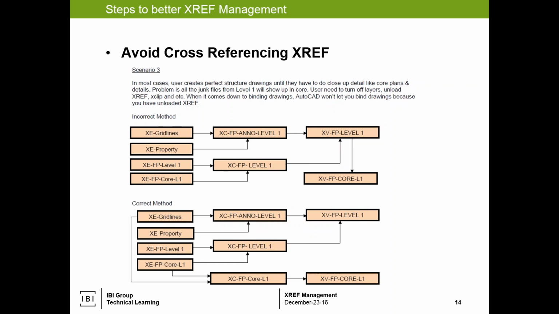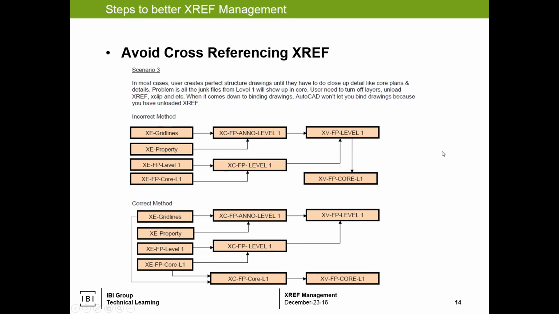What I mentioned before is that if you have level 2, level 3, level 4 cores and you X-clip them, then when you start binding them, your file size is going to get maybe about 4 or 5 megs, sometimes 10, depending on how many cores you have. And to me, it gets to a point where, is it acceptable to send it to a consultant knowing that the file size is too big?